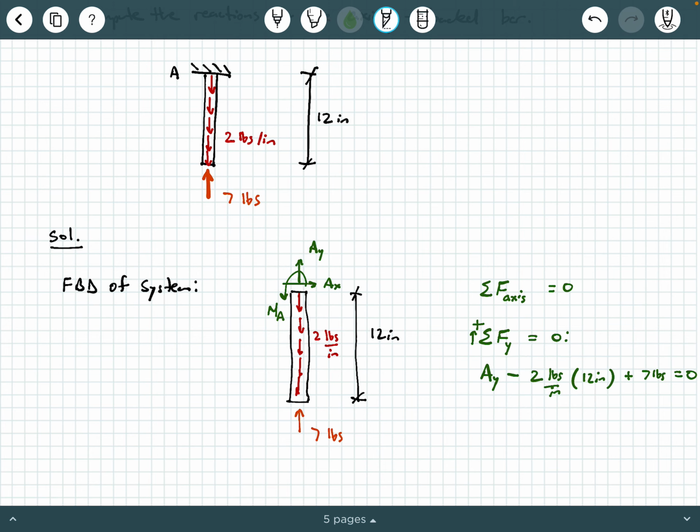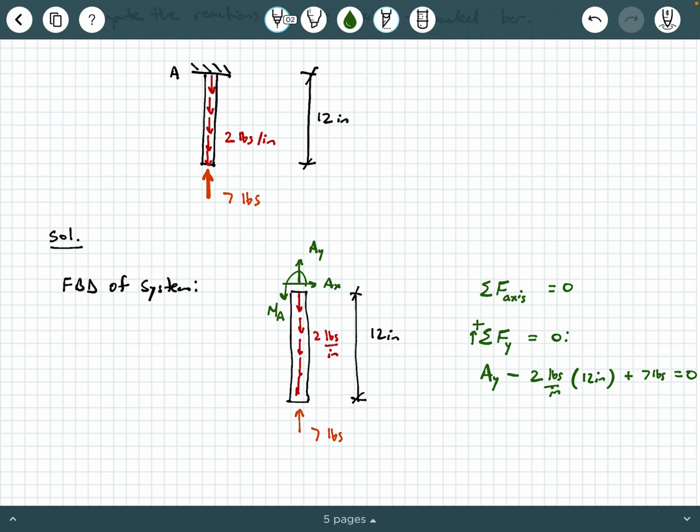So the first thing I encounter is AY pointing up. That's why AY is positive here. Then I encounter this uniformly distributed axial load, 2 pounds per inch, and it's pointing down, and it's spread out over 12 inches. So I've got minus, because it's pointing down, 2 pounds per inch times 12 inches. And then at the very end, I have 7 pounds pointing up, so that's a positive 7 pounds.